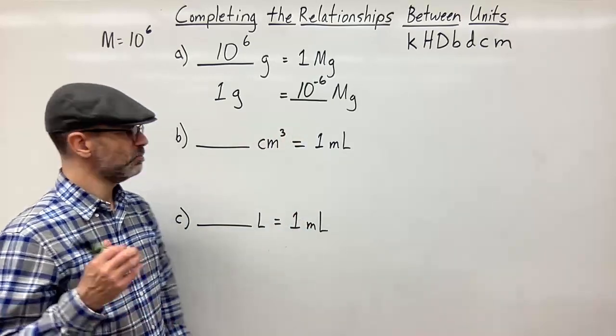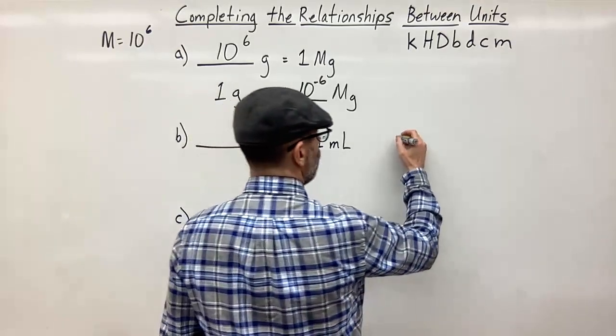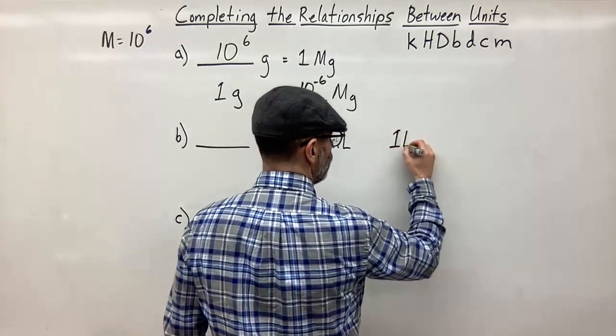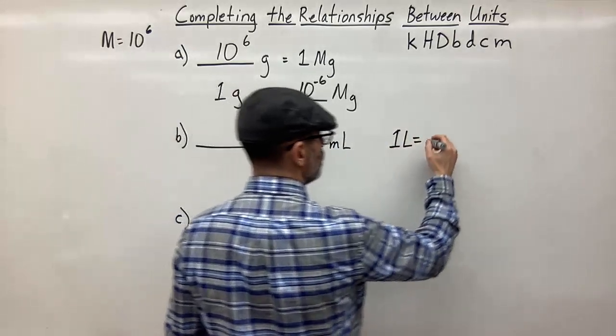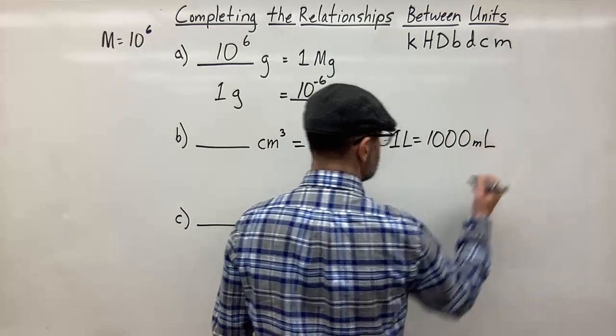Okay? So we know 1 liter is equal to 1,000 milliliters.